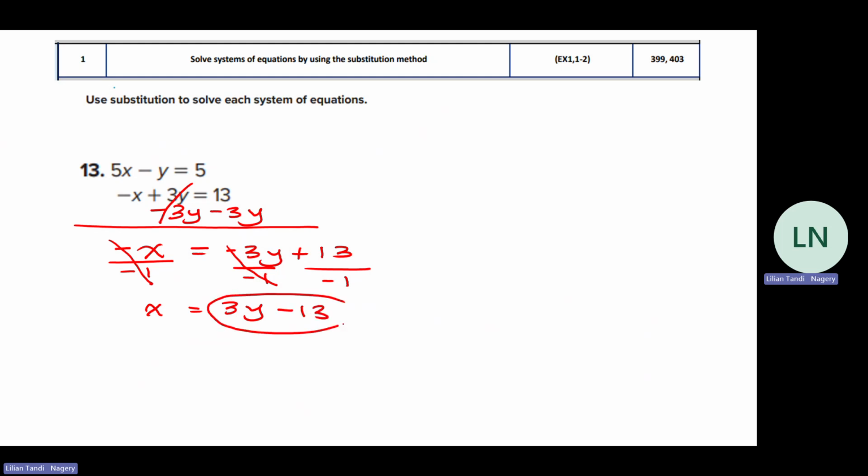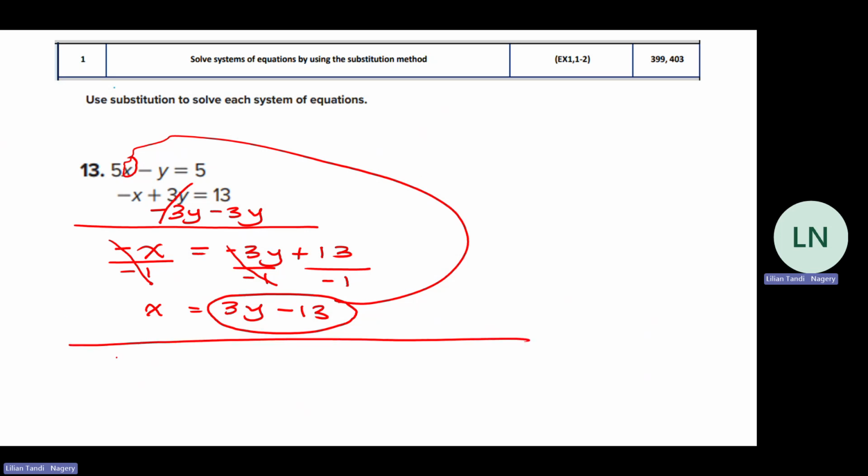Then I will take this to x in the first equation. So I will take it here. Always show where you're going, so it is easier for you to check what you did wrong. So we have 5(3y minus 13) minus y equals 5.